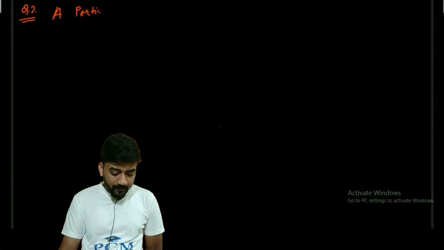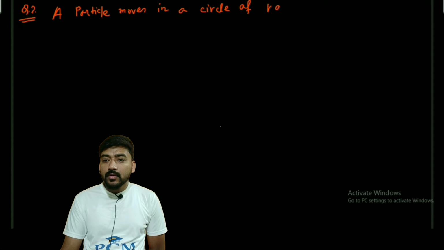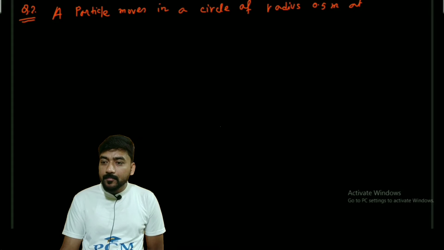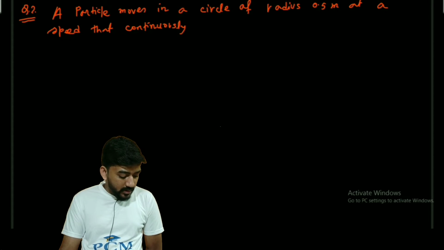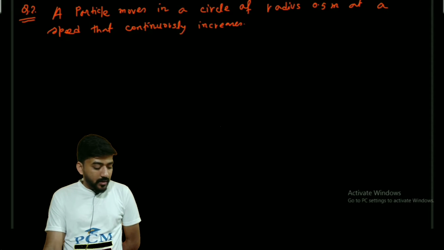A particle moves in a circle of radius 0.5 meter at a speed that continuously increases.